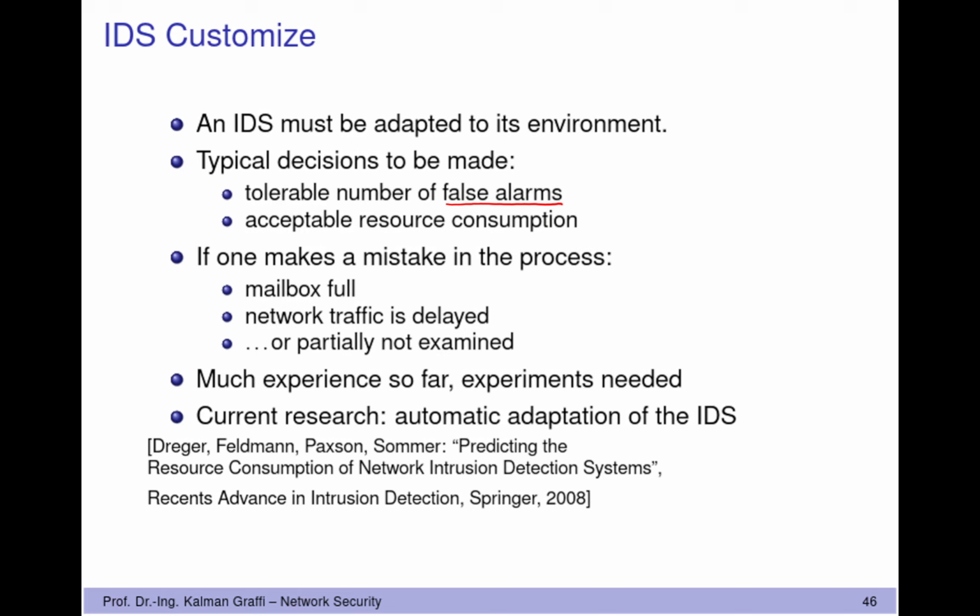And acceptable resource consumption is always the question, whether in the long term there are sufficient resources to still operate it reasonably. Maybe one element, because where do you see the impact of such intrusion detection systems? In my network at home, I have roughly 100 clients, and if I activate intrusion detection, then the bandwidth drops from 1 gigabit per second to 100 megabytes per second.